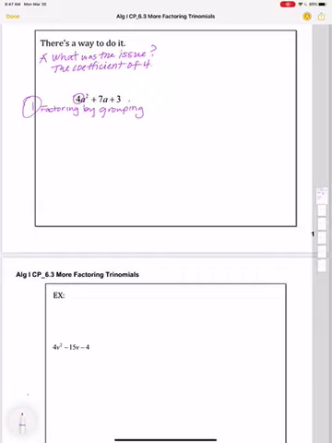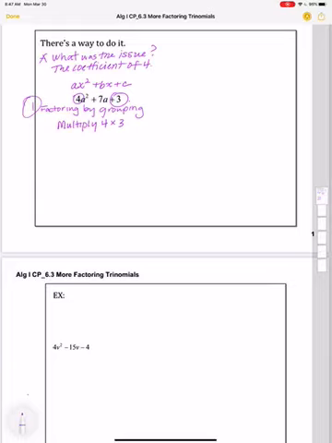Now we're going to multiply 4 by 3. So you always multiply the first term, 4, and the last term, 3. The generic form of this is ax squared plus bx plus c, where a is the coefficient of the x squared, b is the coefficient of the x in the middle, and c is the constant at the end.